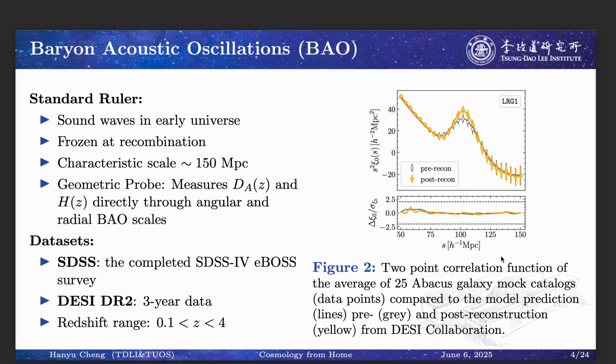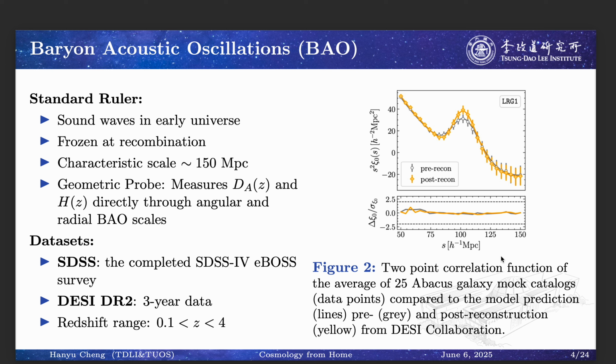And what is BAO? BAO is the standard ruler from the early universe. In the early universe, the temperature is really high, and the photons and electrons couple to each other. Since gravity and pressure work against each other, this plasma acts like a sound wave that can travel very fast.